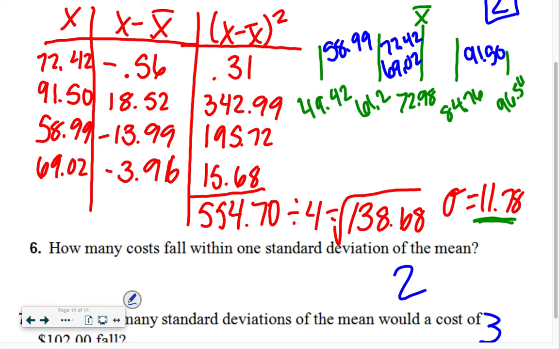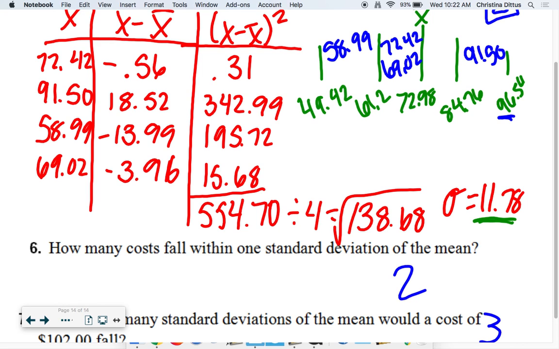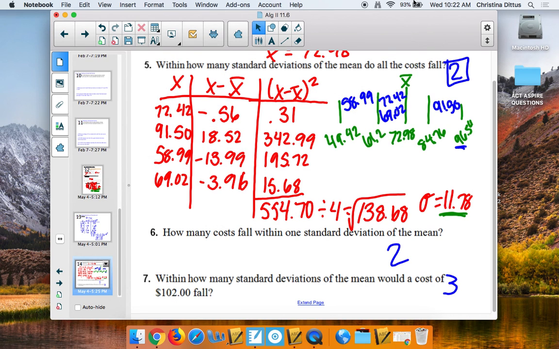If I took my last one and added another 11.78 to it, would 96 and 11 make more than 102? Yeah, so 102 would be in between those 2 values. Okay. Other questions? How we feel? Not too bad?